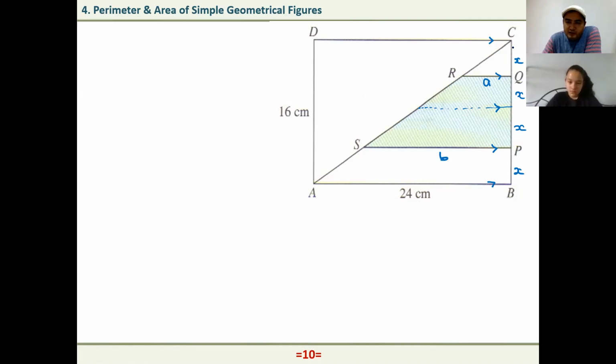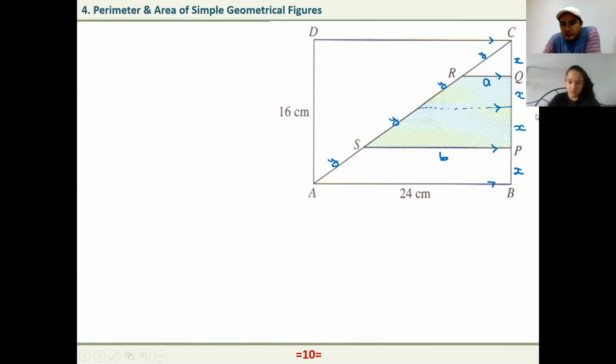Now, if you notice here, this length is X, X, X, X, right? That means that if all these line segments are equal because of these parallel lines, if this one is, let's say it is Y, also this should be Y. Also this should be Y. Also this should be Y. Right? Does it make sense? Mm-hmm.